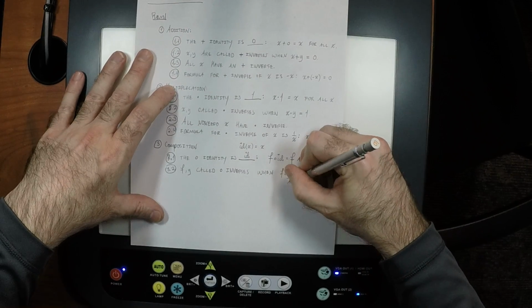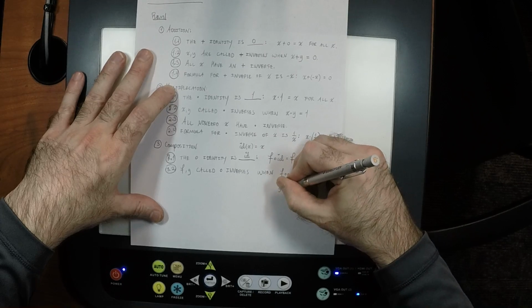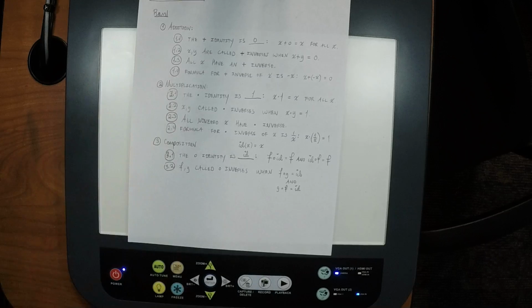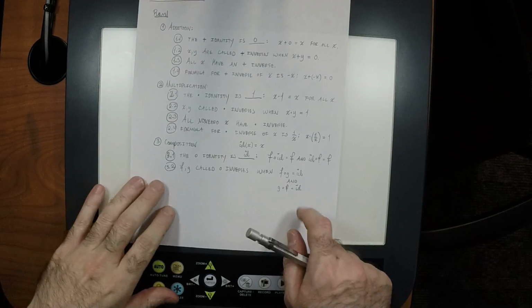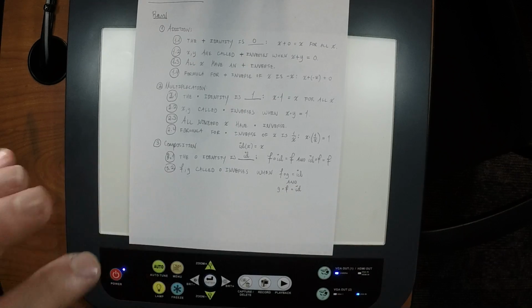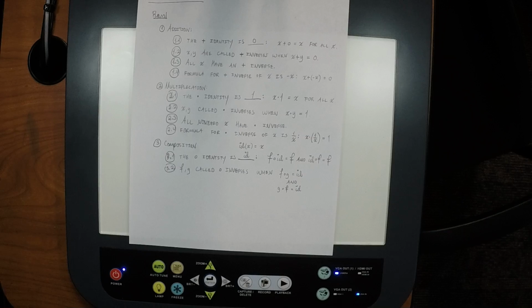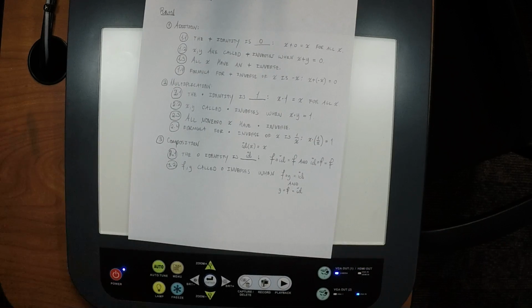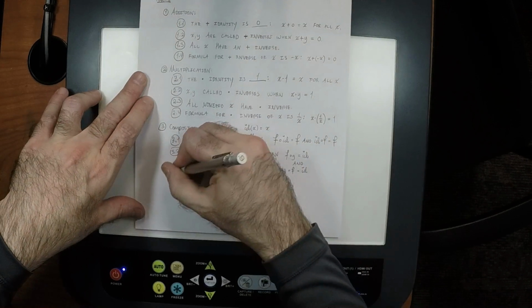And G composed with F is ID. So both orders. Okay? Which is to say that if you do G first and then follow that up with F, that's the same as having done nothing. And if you do F first and follow that up with G, that's the same as having done nothing. All right? So 3.3.